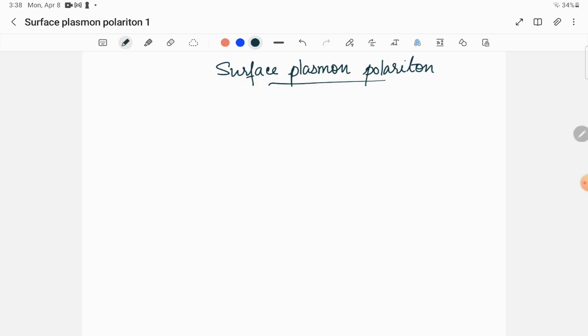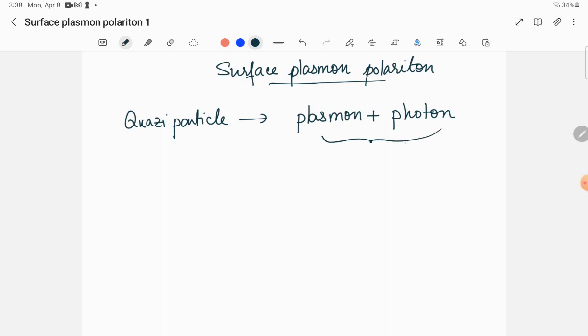A quasi-particle consisting of a plasmon, here a surface plasmon, plus a photon is defined as a polariton. As the name suggests, these plasmons are located at the surface of a metal or a conductor.